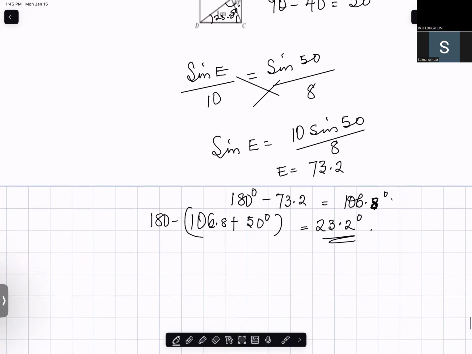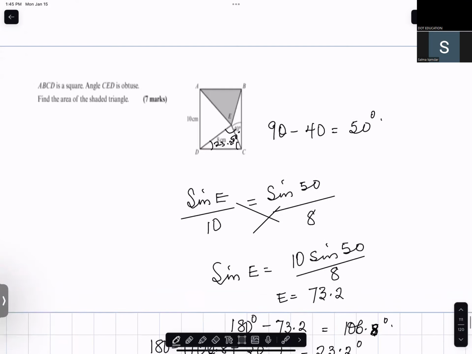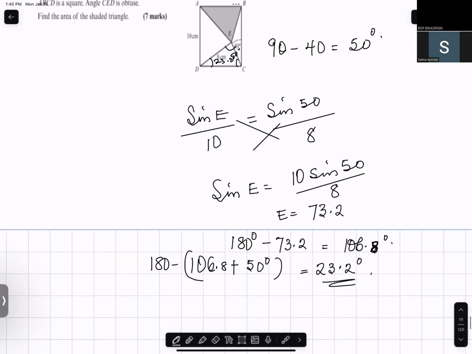So we've gotten that. The question is asking us to calculate the area of the shaded triangle. So if you take a look at the shape here, cutting this, I'll have a right angle triangle.